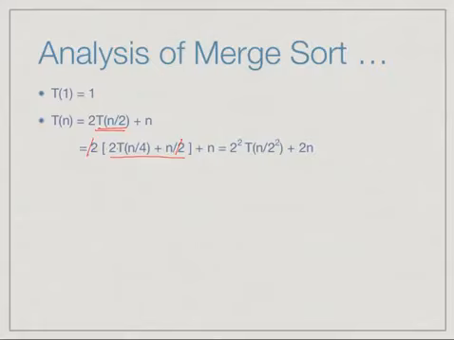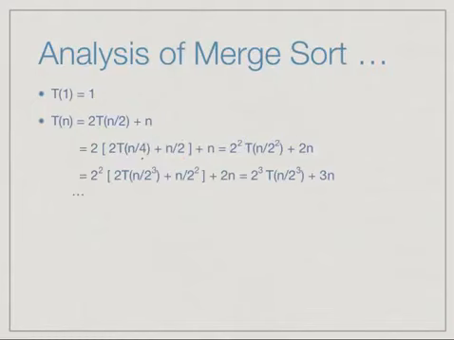So the important thing is that you have a 2 here in the exponent and you have a 2 here before the n. Now likewise, what we will do in the next step is to expand this 2 times T of n by 4. So we expand 2 times T of n by 4, that will give us another n by 8, which we write as n by 2 cubed. And this, which used to be 2 squared, T of n by 2 squared plus 2n, will turn out to be 2 cubed, T of n by 2 cubed plus 3n.